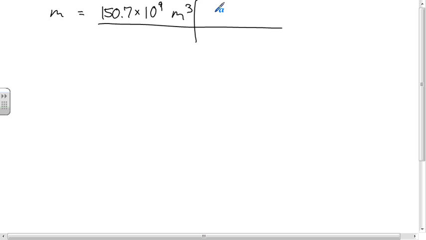The density is 1,000 kilograms per cubic meter. So the cubic meters cancel and you come out with a mass of 150.7 times 10 to the 12th kilograms.